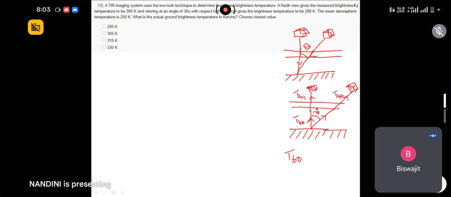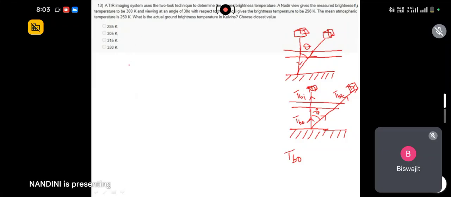We basically need TB0, which is the actual brightness temperature of the surface. TB1 and TB2 come after the interaction with the atmosphere, so we need to correct the brightness temperature that the satellite measures in order to get the actual temperature, TB0.